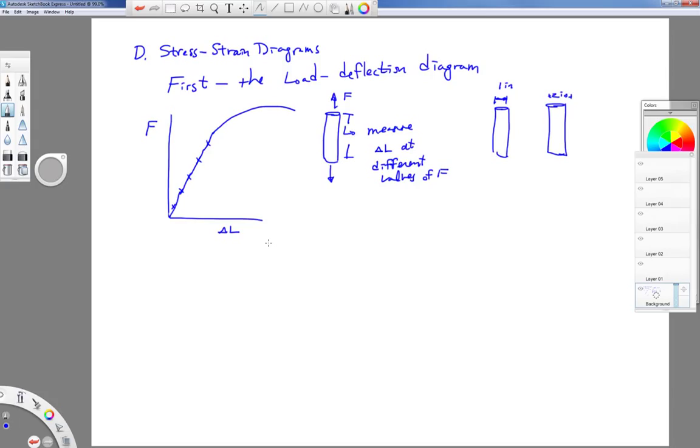Initially, you would get less change in length for the larger cross-section material. Let's make a little note of that.